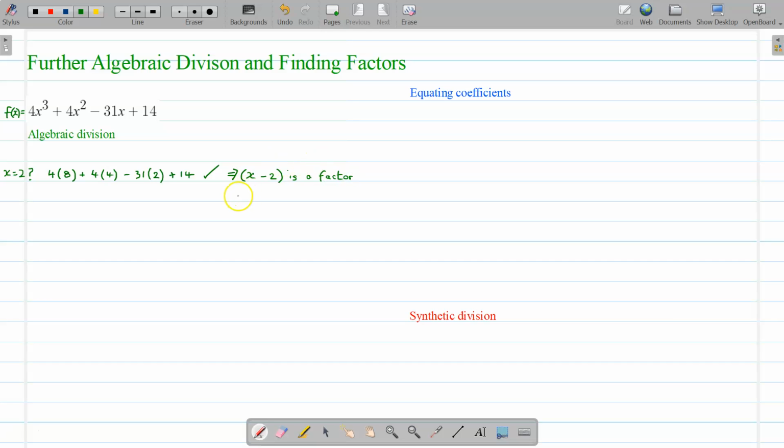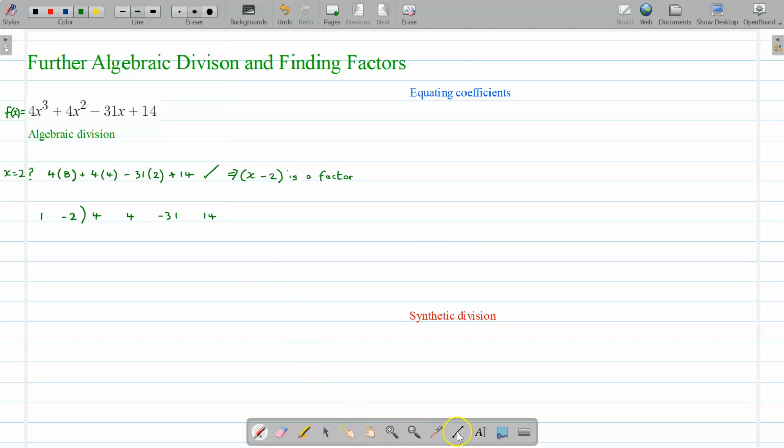Now, if we're going to do algebraic division, we simply set up a division. Now I'm calling it algebraic division, but I'm cheating a bit, because what I'm going to do is write the factor x minus 2 as 1, negative 2, like that. And I'm going to divide that into 4x cubed plus 4x squared minus 31x plus 14.